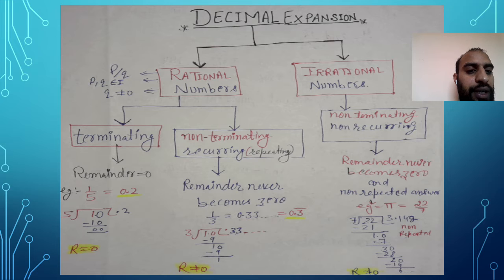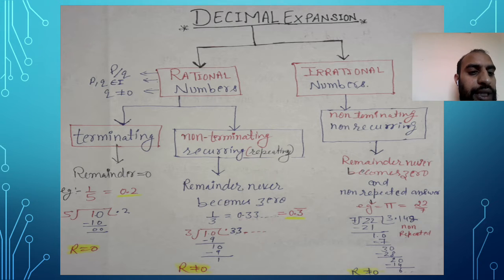So when you are dividing 22 by 7, you can see here first 7 threes are 21, then 1 left, put the decimal, it becomes 10, 7 ones are 7, then 3 is the remainder, 7 fours are 28, then 2 is the remainder, then 20, 7 twos are 14, 6 is the remainder.